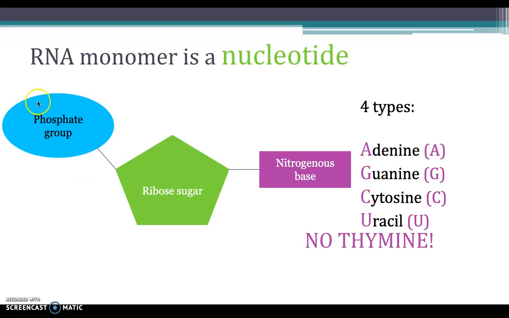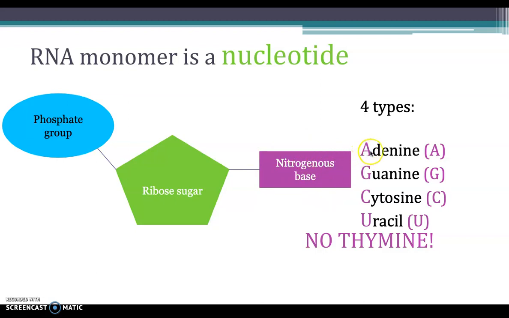So again, looking at our nucleotide structure, it's very, very similar with RNA as it is in DNA. We have a phosphate group that's attached to a sugar. This sugar is ribose, not deoxyribose. And then we have a nitrogen base. Now, the nitrogenous bases are mostly the same except for one.